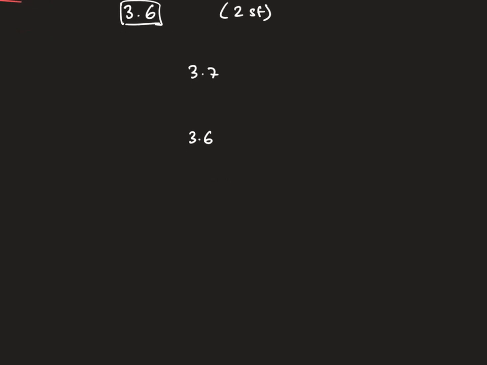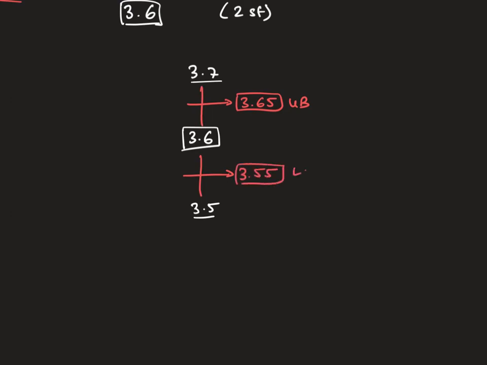And what would the next number to two significant figures be below that? It's 3.5. Now 3.7 is not the same as 3.6 and 3.5 is not the same. But what I do is go halfway between the two of those, which is 3.65. That's my upper bound. And halfway between 3.5 and 3.6 is 3.55, and that is my lower bound.